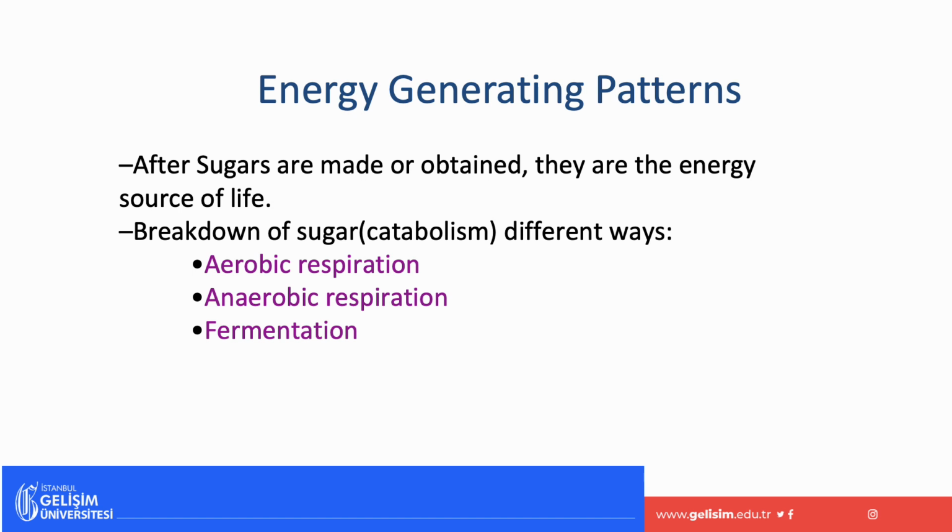This is a metabolic pathway that involves the breakdown of glucose or other organic molecules in the absence of oxygen to release energy. Unlike aerobic and anaerobic respiration, fermentation does not require an electron transport chain, and it also produces a limited amount of ATP. Fermentation is used by some organisms such as yeast and bacteria to produce alcohol, lactic acid, or some other product.